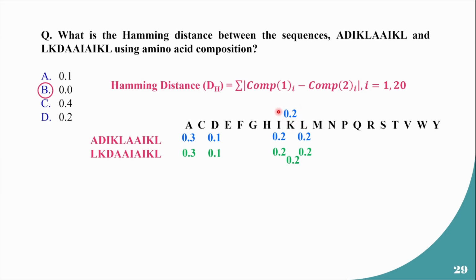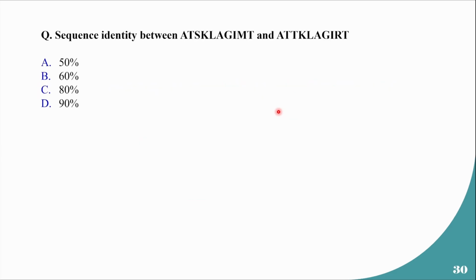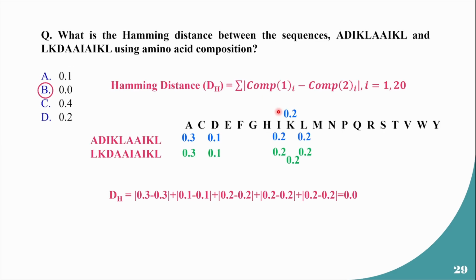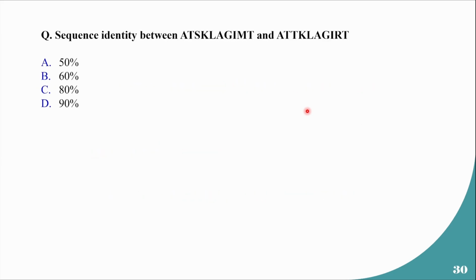So summing that up will give you a total of 0. So here, using amino acid composition, the Hamming distance will be 0. Okay, so that was kind of the concept. We might take a look at another example where in some amino acids the composition values are different. So that will give you some value regarding the Hamming distance.